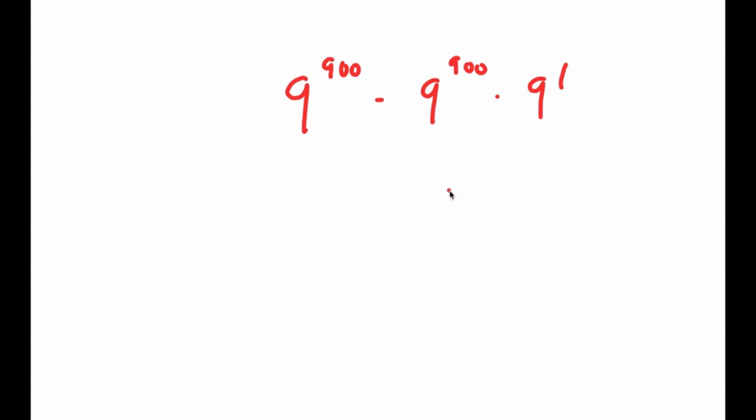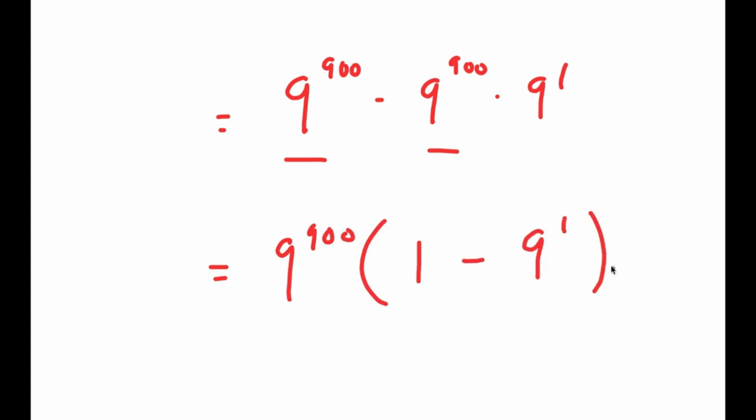So now from here, these two terms have the number 9 to the power of 900 in them. So I'm going to factor out 9 to the power of 900, which is what I said I was going to do at the beginning of the video. So now I get 9 to the power of 900 times 1 minus 9 to the power of 1.